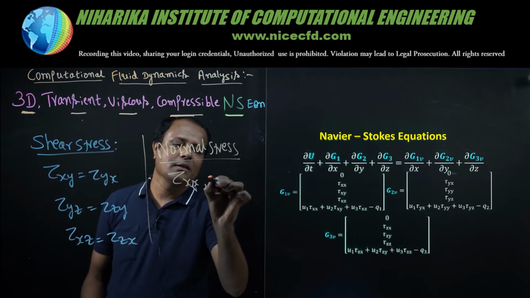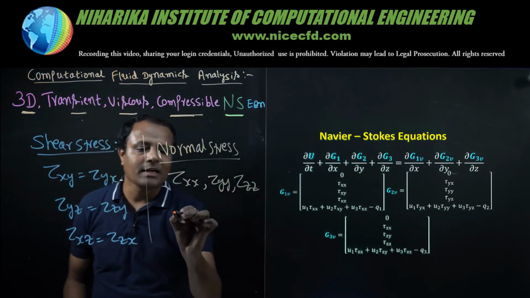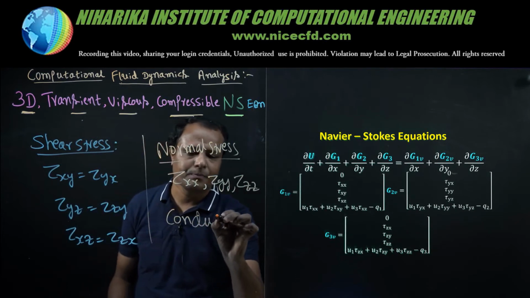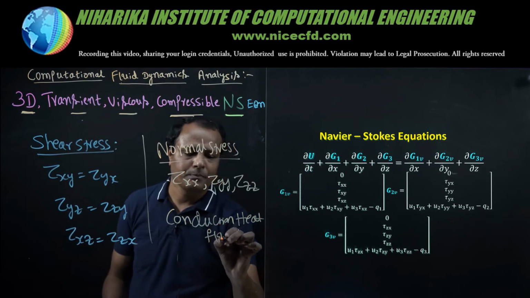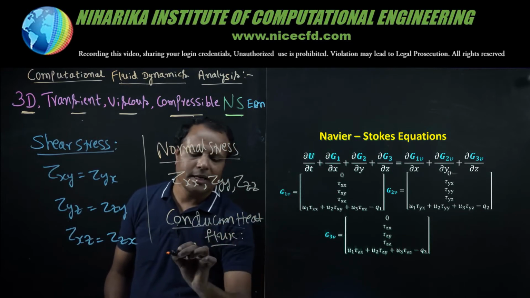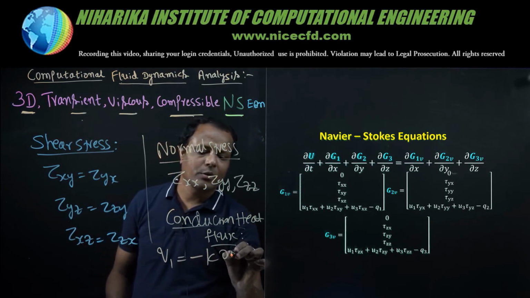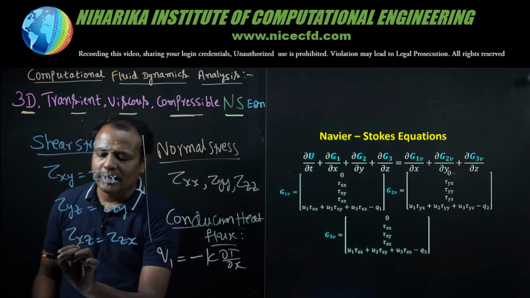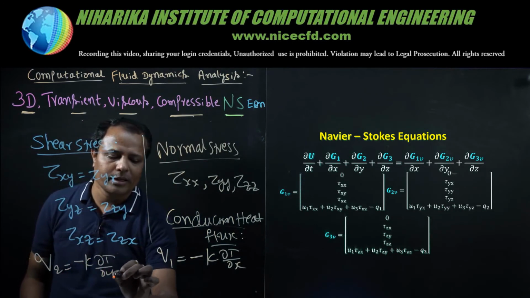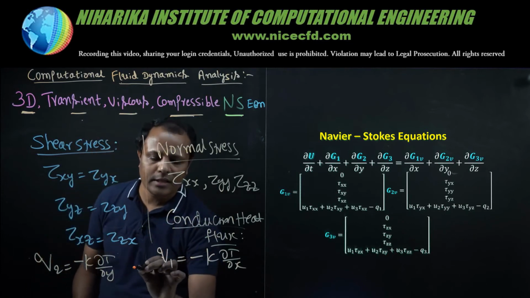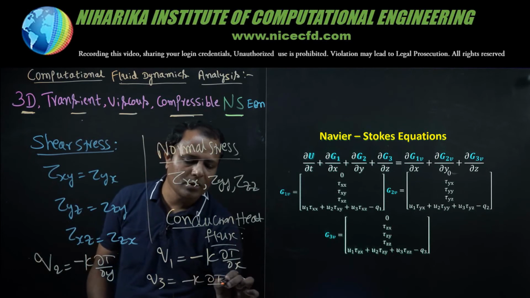Tau xx, tau yy and tau zz, and I have conduction heat flux. My conduction heat flux Q1 is minus K into dou T by dou X. My other conduction heat flux Q2 is minus K into dou T by dou Y. My third conduction heat flux Q3 is minus K into dou T by dou Z.